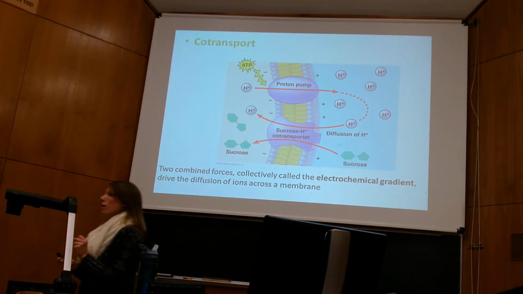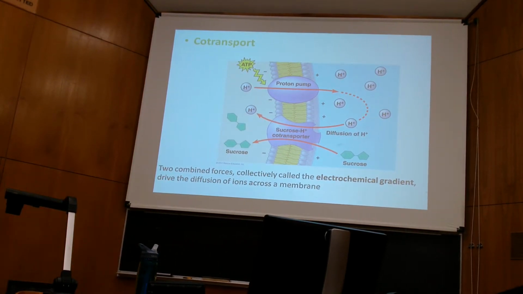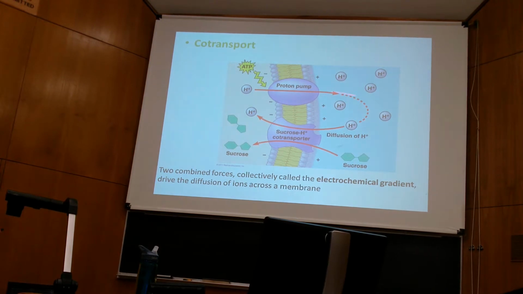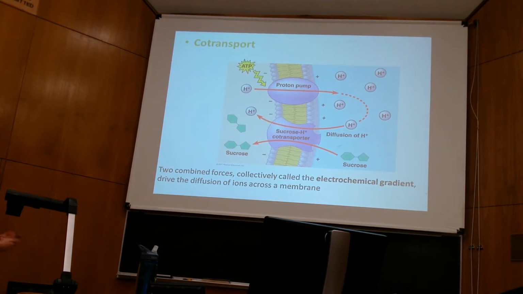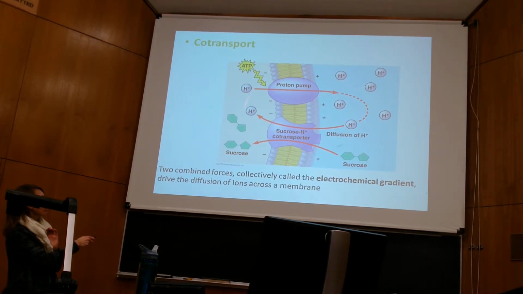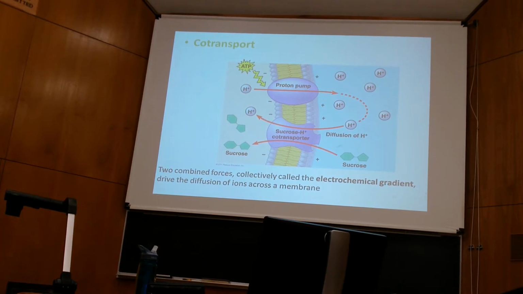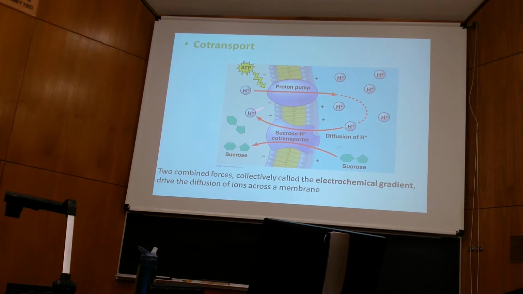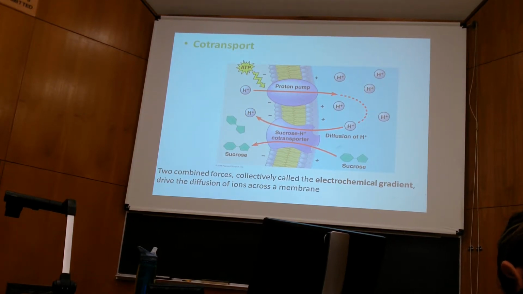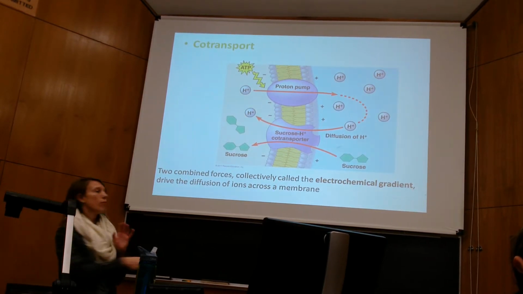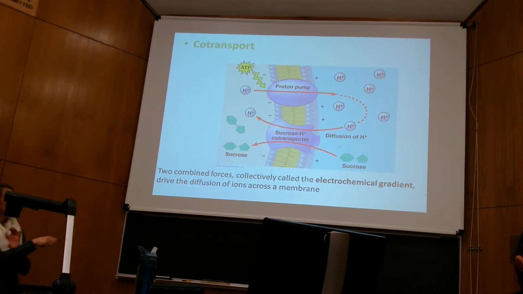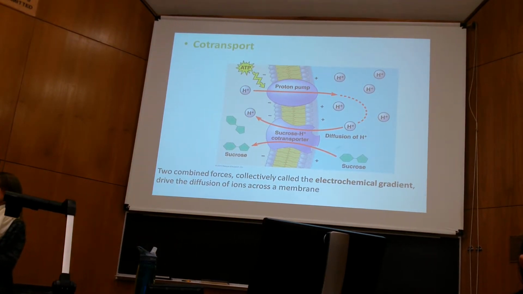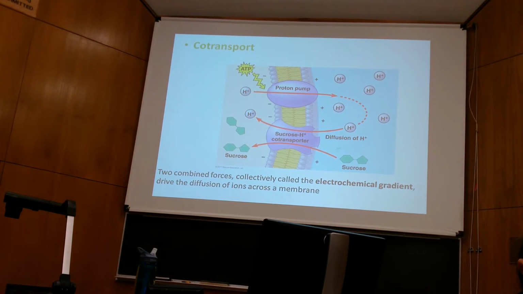Not only is it doing this through the electrical difference, that there's positive here and negative there, but how many hydrogen ions do we have here, and how many do we have inside the cell? Six and two, right? So there's also a concentration gradient. Hydrogen wants to move from a high concentration to low, so we have dual action here. We call this electrochemical gradient.